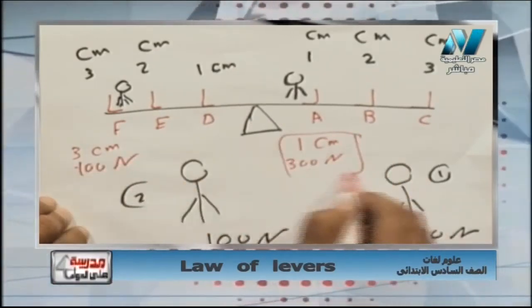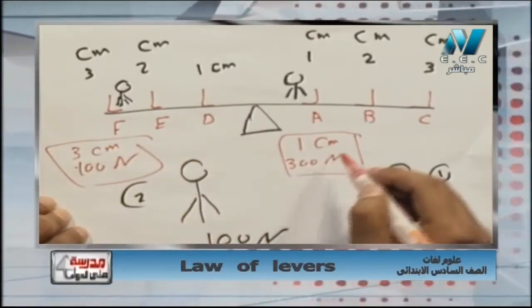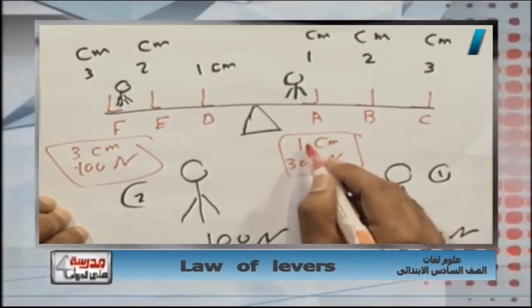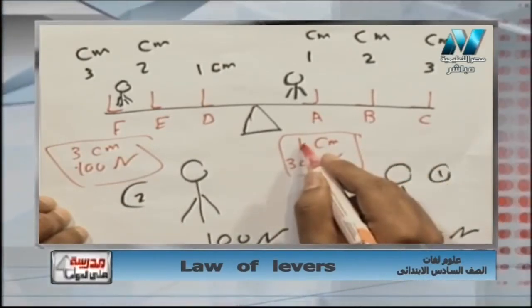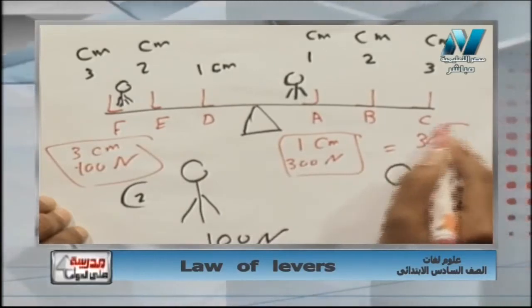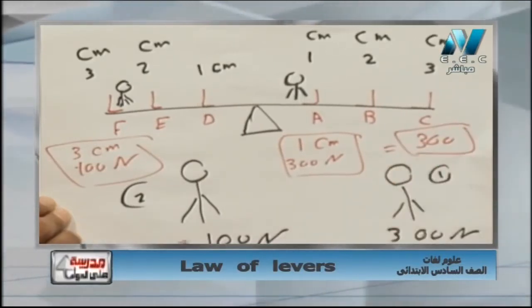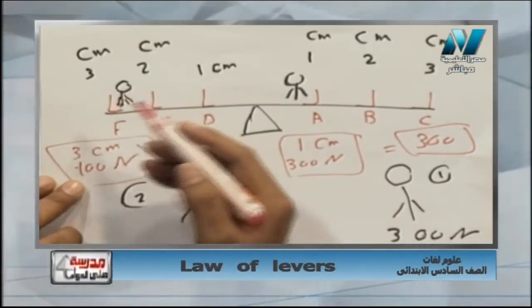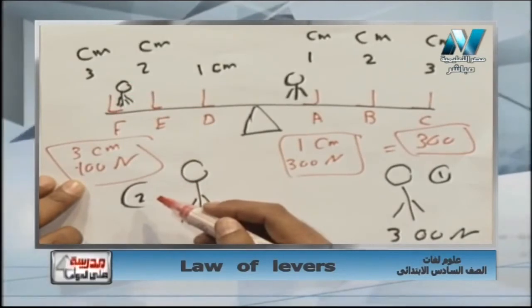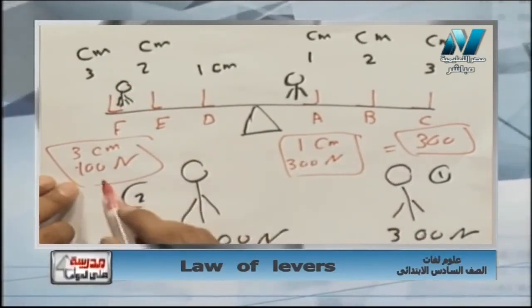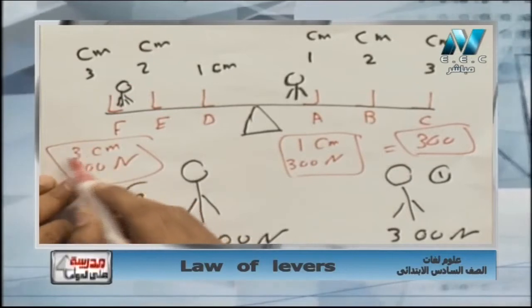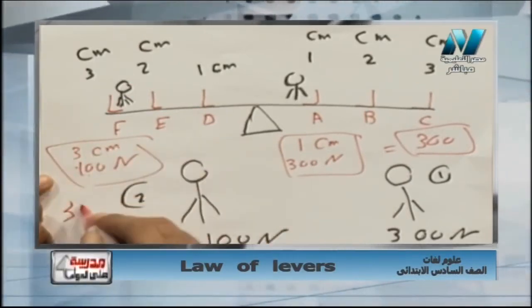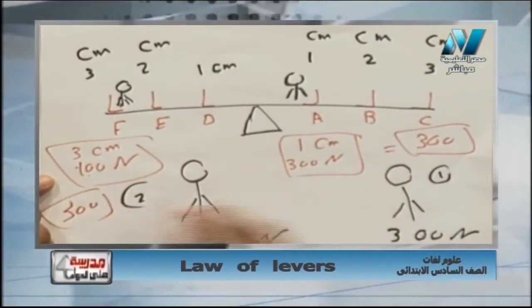As you notice, if we multiply the force times the force arm, 300 by 1, it will be 300. While we multiply the resistance, maybe I can call it effort force, it doesn't matter, 100 Newton times the resistance arm 3, it will be 300. Now it's balanced.